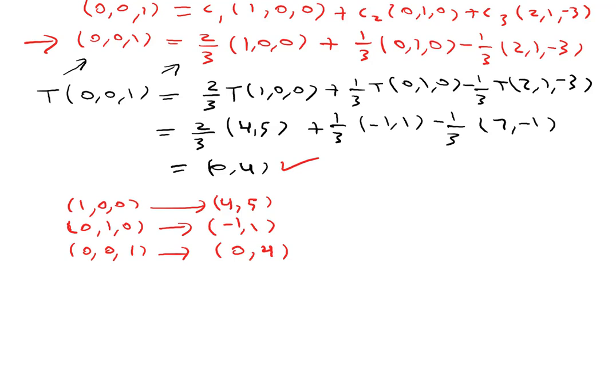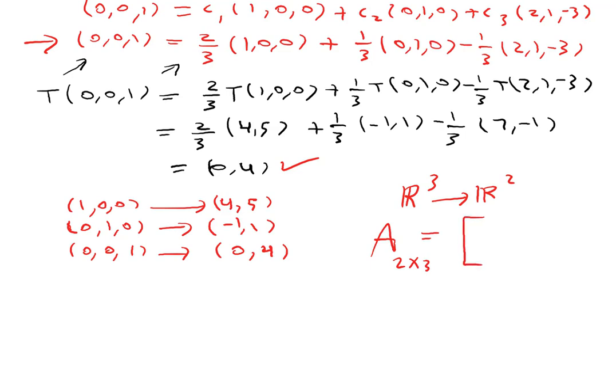Now, let's see if you could write the matrix. Well, we know that we were going from R to the third to R to the second. So my matrix is actually 2 by 3. 2 rows, 3 columns.